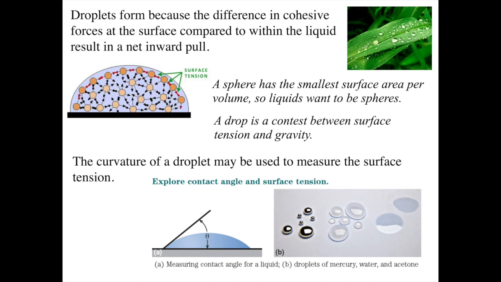The more molecules that can experience full intermolecular force interactions in all directions, the lower the energy. So the water will try to minimize a situation where molecules are at the surface, and forming a sphere would do so.